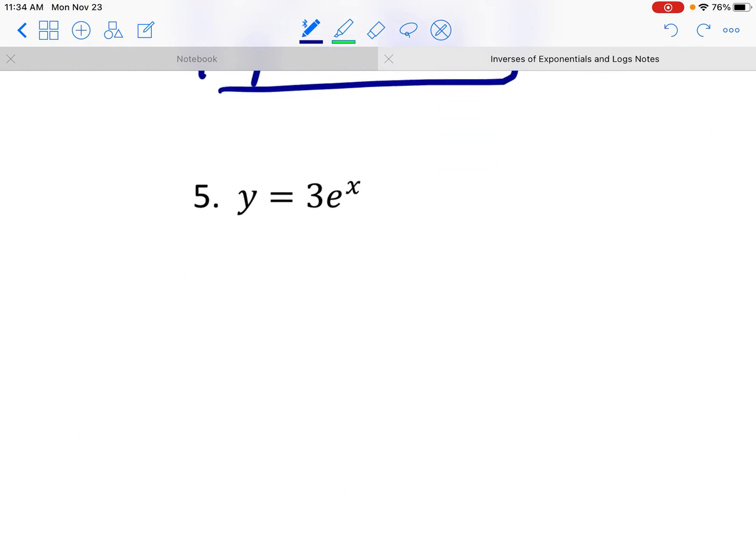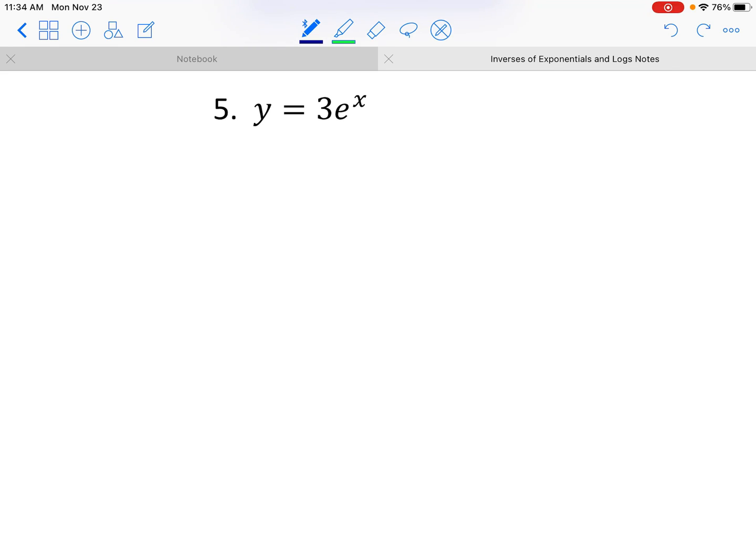Okay? Alright, if you're feeling good about this and you want to pause and give it a shot, go ahead. Otherwise, we're going to solve for x here. Now, this one's a little tricky because if I go to rewrite this, what happens with the 3 is interesting.